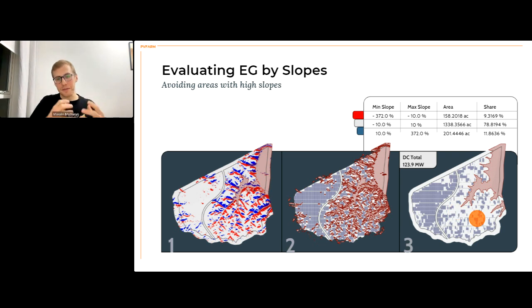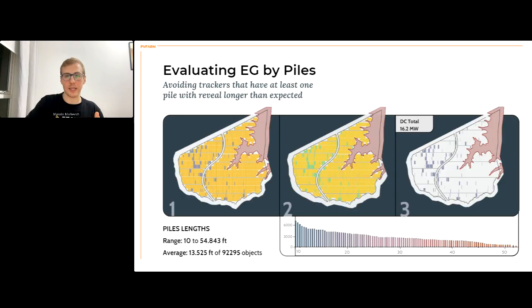But when we built this pile functionality, we realized that there is a more conservative way to evaluate existing grade. This way is about evaluating existing grade by piles. So what's happening here is that instead of avoiding areas where the terrain has high slopes, we can place trackers on that terrain, optimizing for piles, but then avoid those trackers that have at least one pile with a reveal longer than expected.